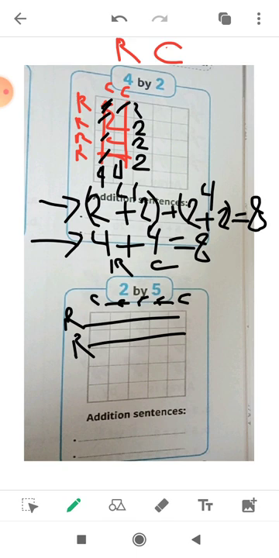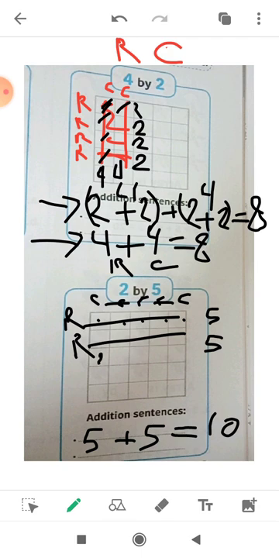Now the addition sentence. How many in each row? 1, 2, 3, 4, 5, and the other row 5, so 5 plus 5. According to the addition sentence by rows, it equals 10. Again, how many squares in each column? It's 2 plus 2 plus 2 plus 2 plus 2.